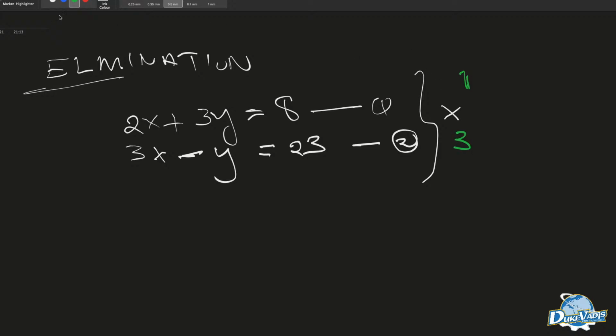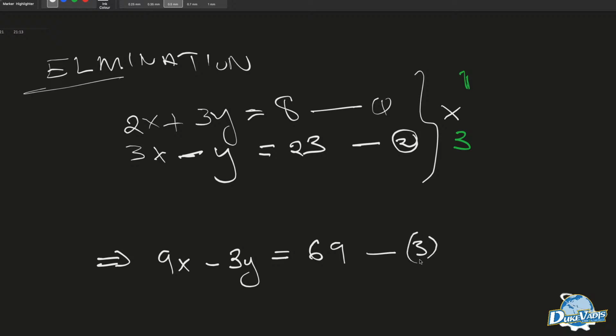When you multiply 3 through equation 2, our equation now becomes 9x minus 3y is equal to 69. We call this equation 3.